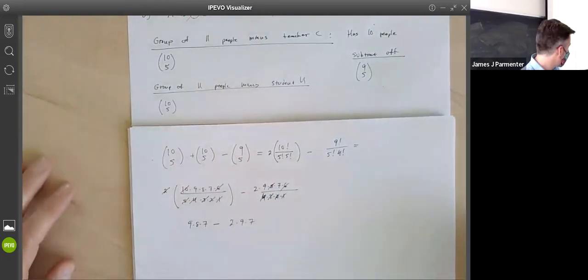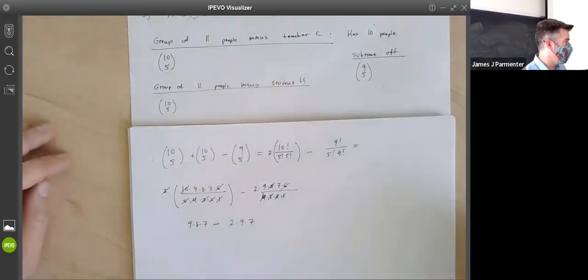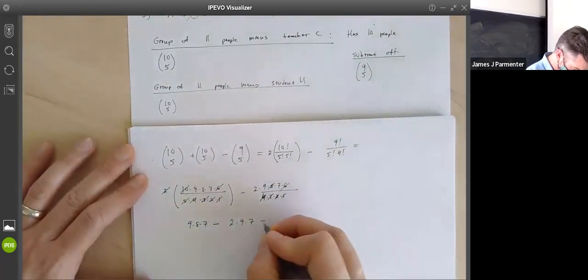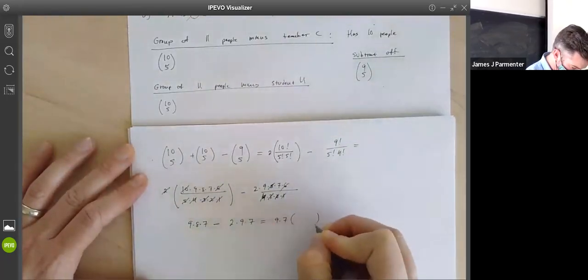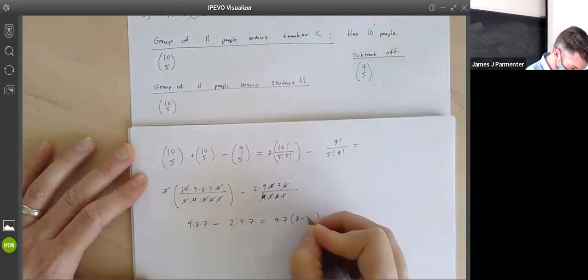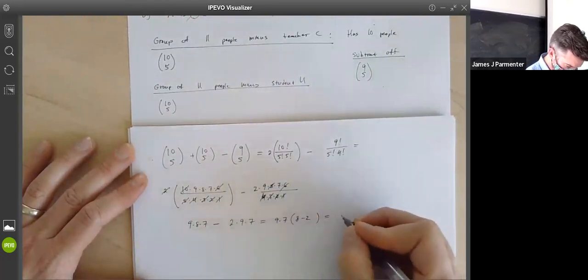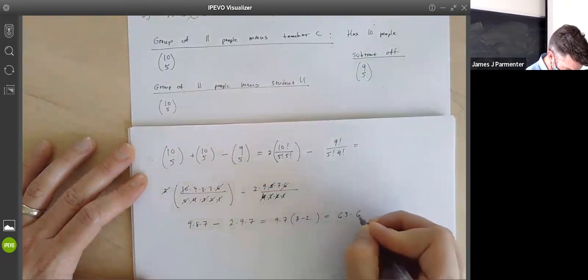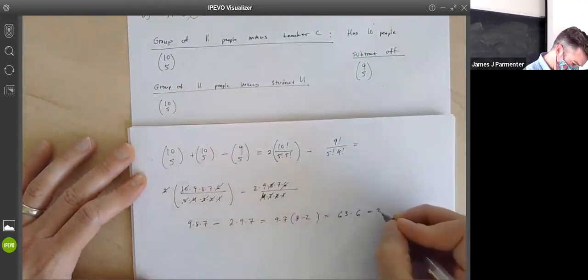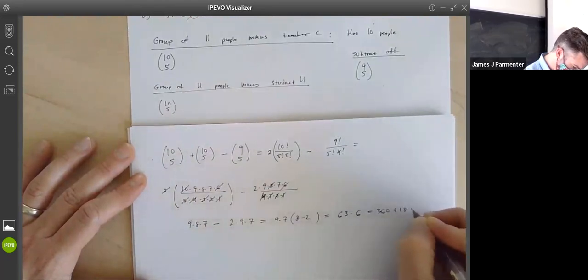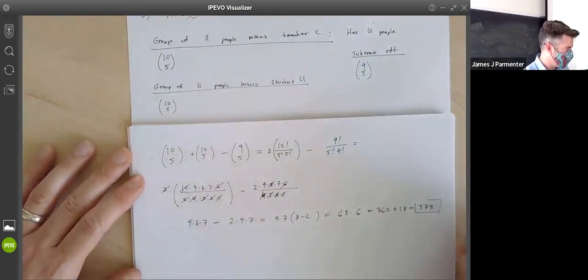And if I'm real slick, I'll factor out the 9 times 7. I'm left with 9 times 7 times 8 minus 2, which is 63 times 6, which is 360 plus 18, which is 378. I feel like that number came up earlier.